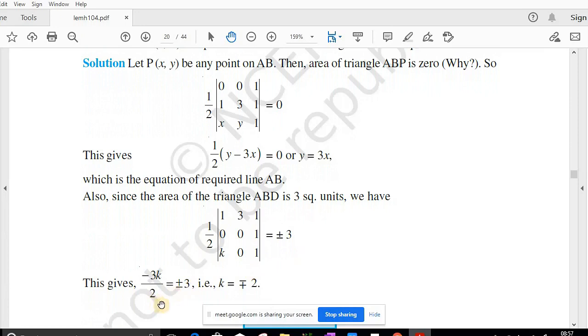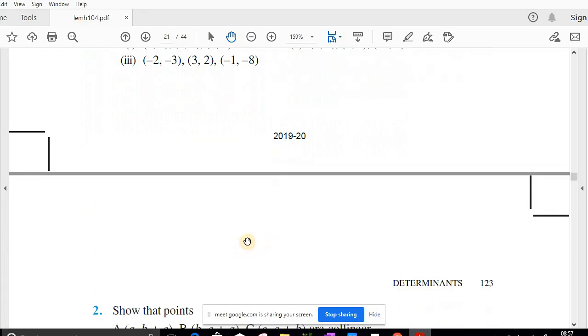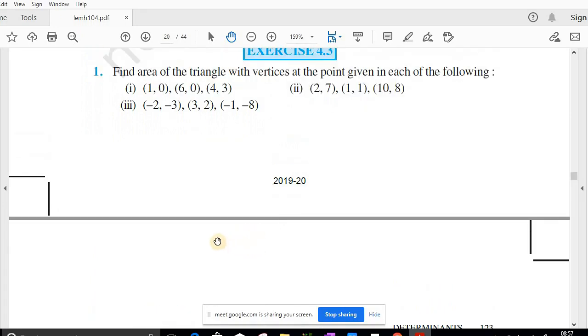Taking plus minus, k equal to plus minus 2 পাইছে. So this is the way. So you solve it and you see. Okay, so this is a very easy exercise. So I think I don't need to do any of these problems.